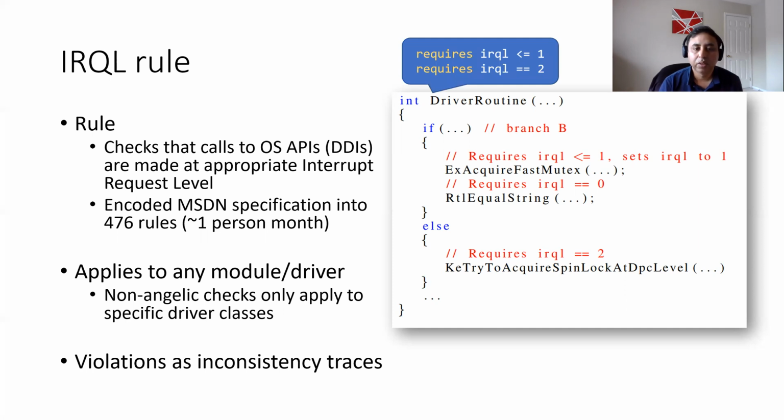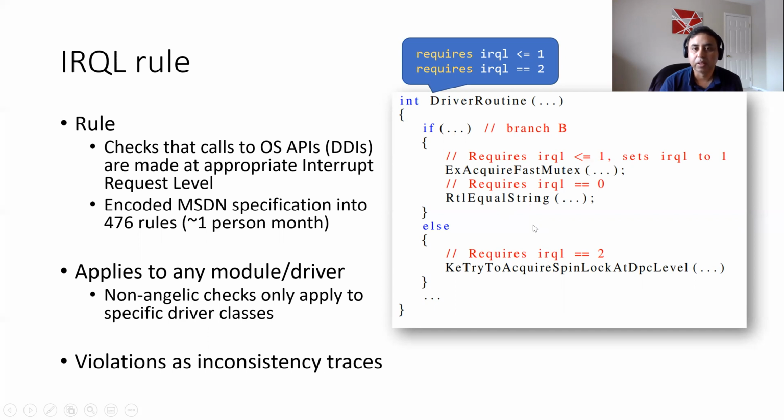In addition to the previous defects, we also found it was useful to look at inconsistency traces. In this example, there are two branches. The first branch tries to call EX acquire fast mutex. The second branch tried to acquire spin lock at DPC level. You can imagine that an AV like tool would infer that for the first branch, the IRQL has to be less than or equal to 1.